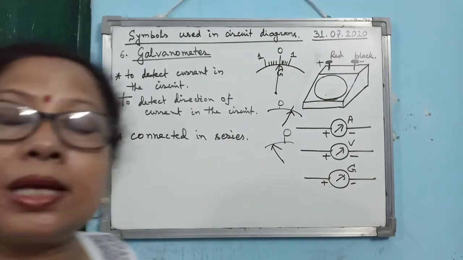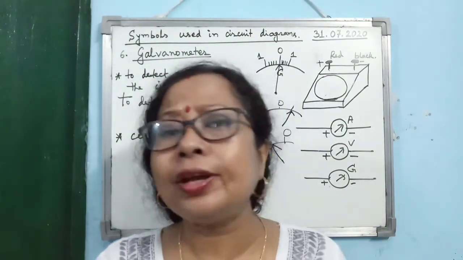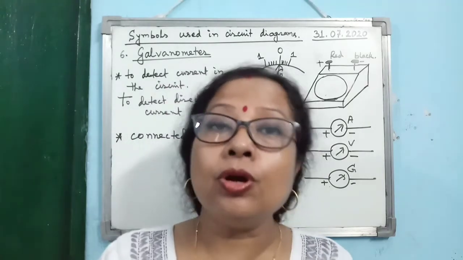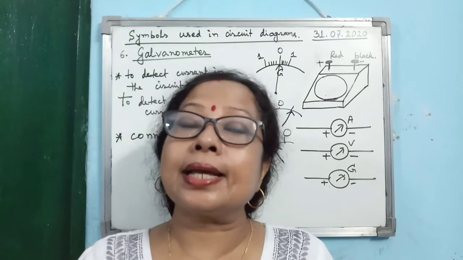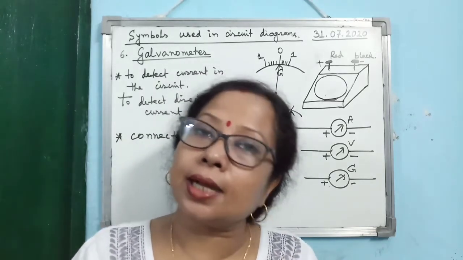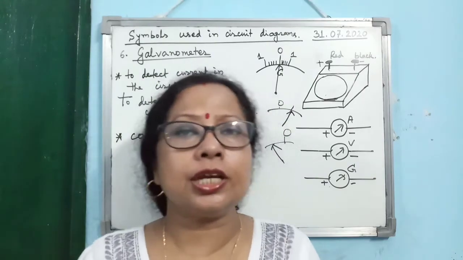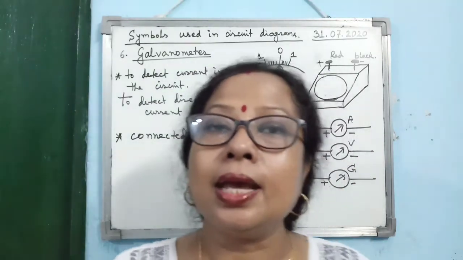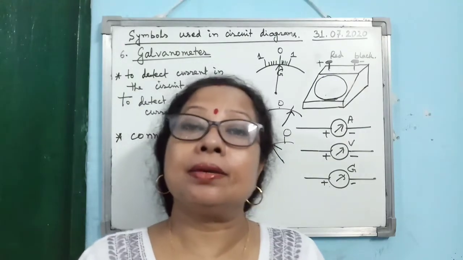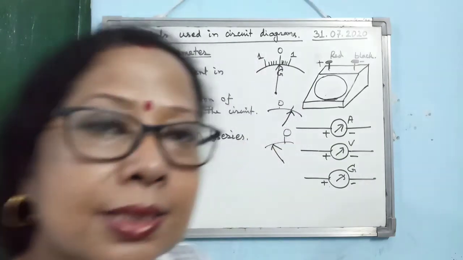So what is the basic difference between ammeter and galvanometer? Galvanometer can tell you whether current is there in the circuit or not, and in which direction the current is passing. But it cannot give you the exact amount of current. An ammeter can measure the exact amount of current passing through the circuit.